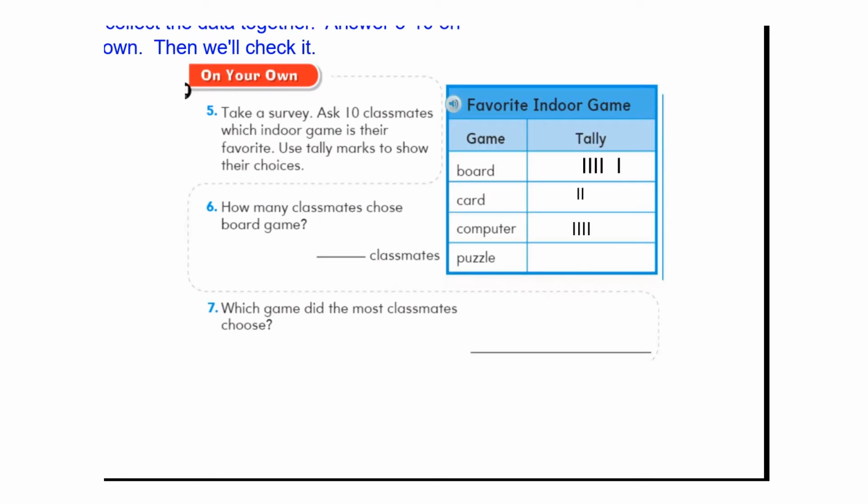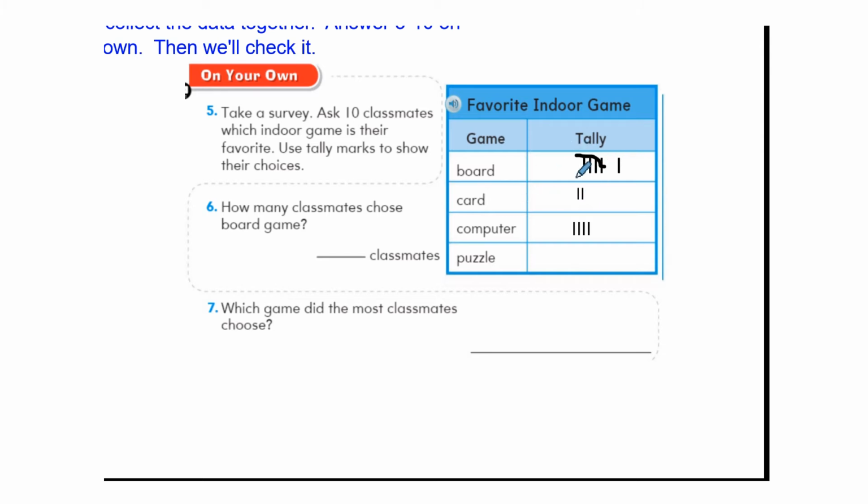On this survey, we surveyed favorite indoor games. And like I said, I had to double some numbers because we didn't have that many people on Zoom, but you get the idea. With board games, we had 5, 6.